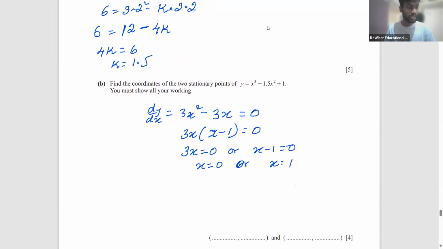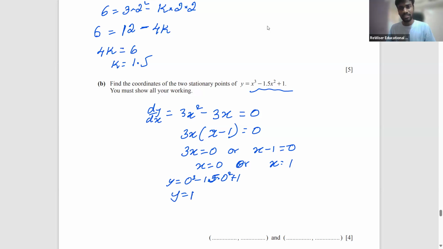Whenever they say coordinates, we have to find the x as well as the y coordinates. When x is 0, if I substitute it in the original equation, we can get the value of y. So when x is 0, y is going to be 0 cubed minus 1.5 times 0 squared plus 1, which results in just 1.